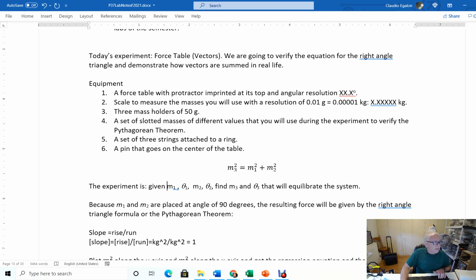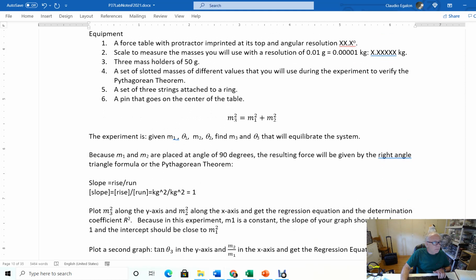What we are going to do is start with a known value m1, and this m1 is going to be the mass that is going to hang there. It is going to apply a force to my string. We are going to have a known theta1, a known m2, and a known theta2. Then you're going to have to find the m3 and theta3 to verify the Pythagorean theorem. Theta 3 is going to be related to what?